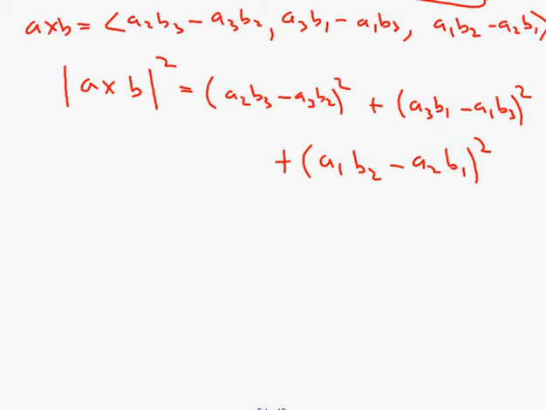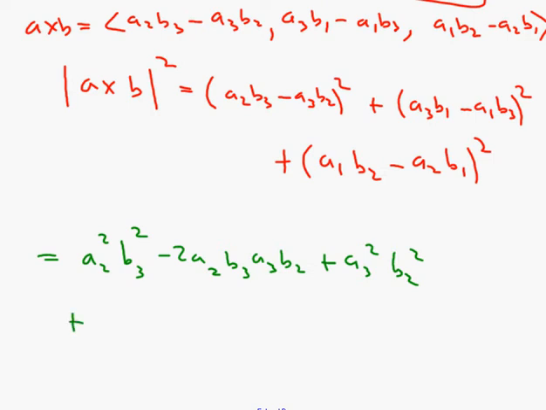Okay, so what you have here is this. If we square that first thing, you're going to get A2 squared B3 squared minus 2 A2 B3 A3 B2 plus A3 squared B2 squared. Okay, so we'll just let the algebra nightmare continue for a little bit longer, and then I'll save you.